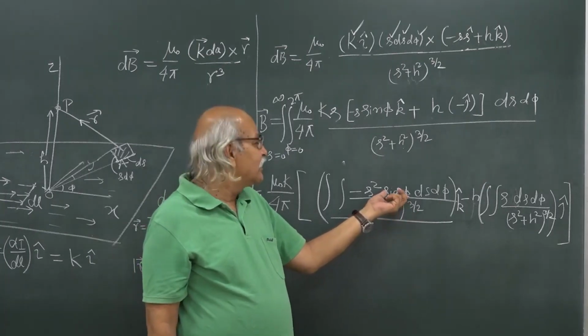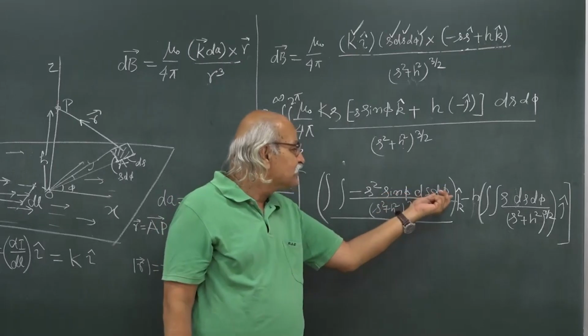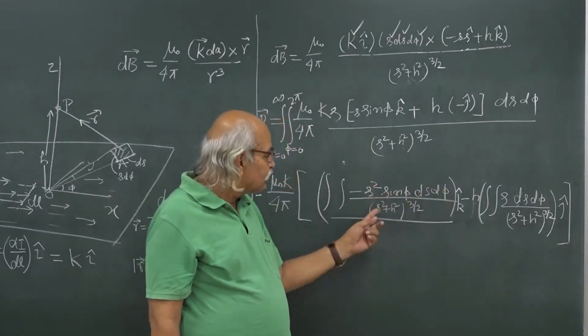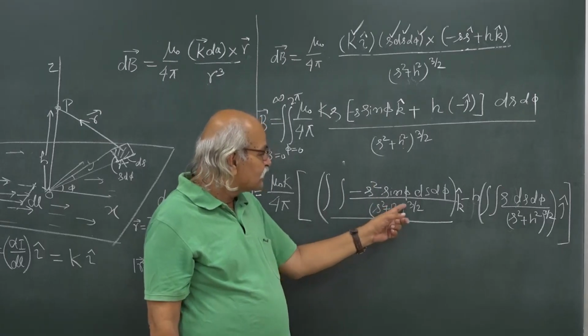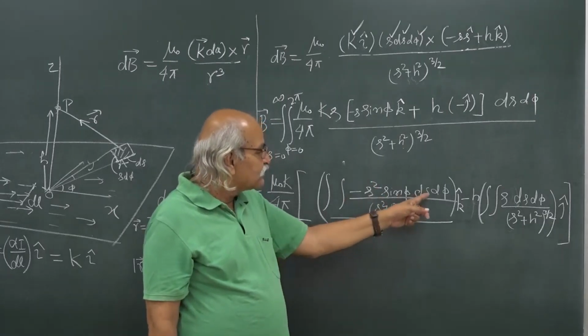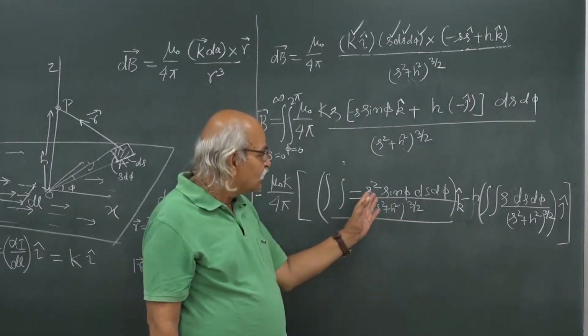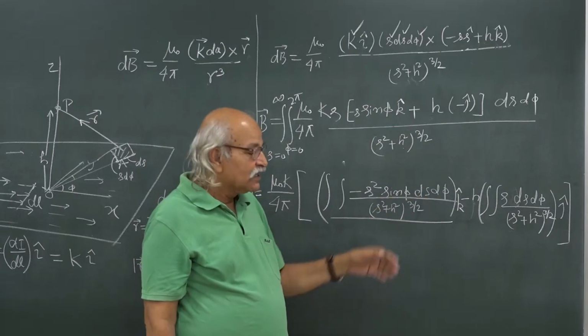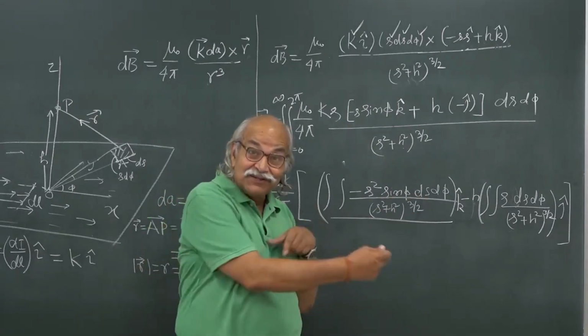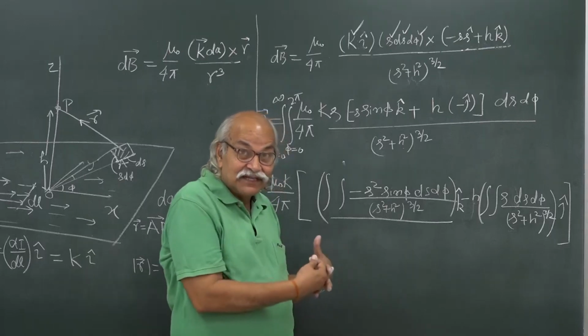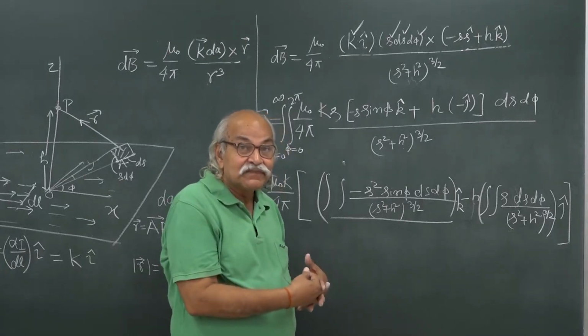So, you can integrate sin phi separately with respect to phi, and integrate s square over s square plus h square to the power 3 by 2 separately with respect to s, and then multiply. This is possible because they are not mixed up. If you use x, y, z, then you will not get this benefit. Things will be mixed up and integration will be difficult.